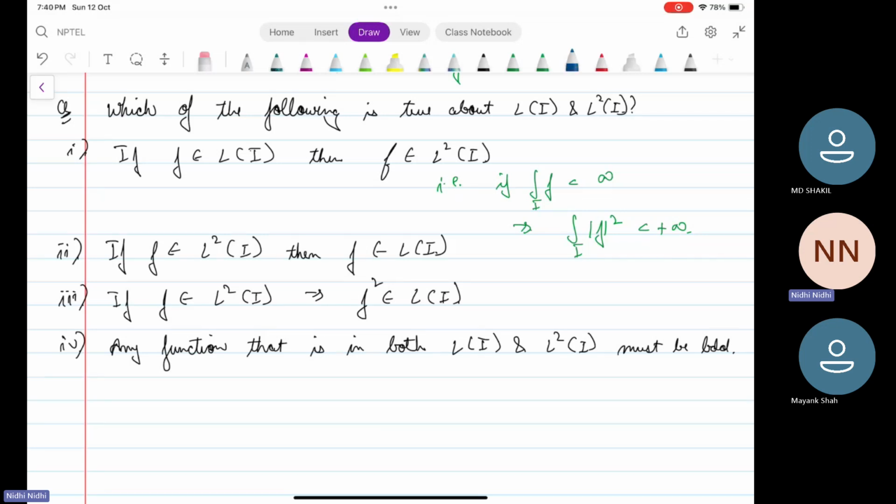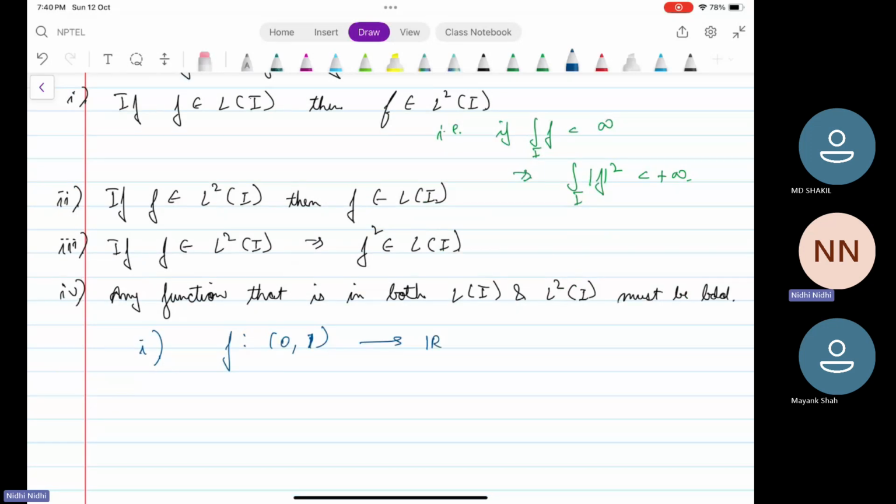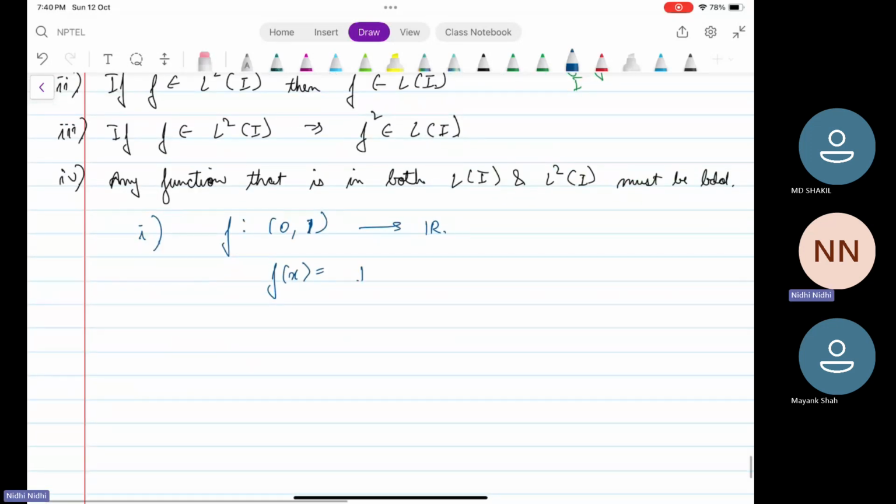First, let's start with the first part. If I take f from open 0 comma 1 to R, f of x equal to 1 by root x, then the integral from 0 to 1 of 1 by root x dx is 2 root x, and this is obviously finite.